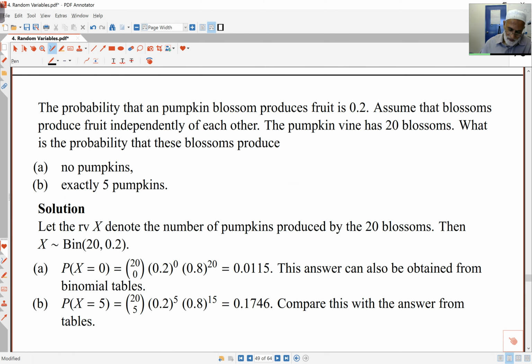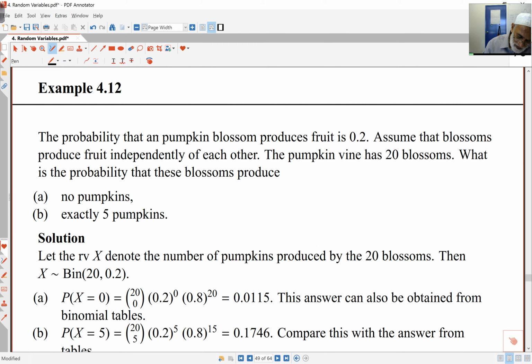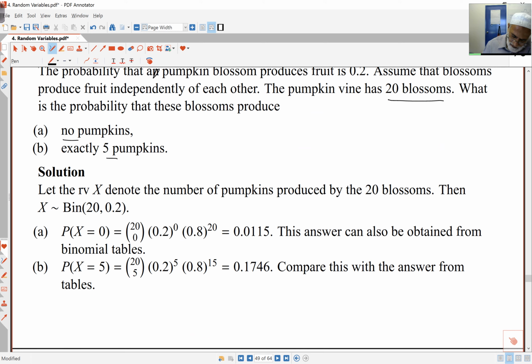Another example over here is probably that a pumpkin blossom produces a fruit is 0.2. Assume that blossoms produce fruit independently of each other. The pumpkin vine has 20 blossoms. Probability that these blossoms produce no pumpkins, exactly 5. So here my random variable X is the number of pumpkins produced by the 20 blossoms.